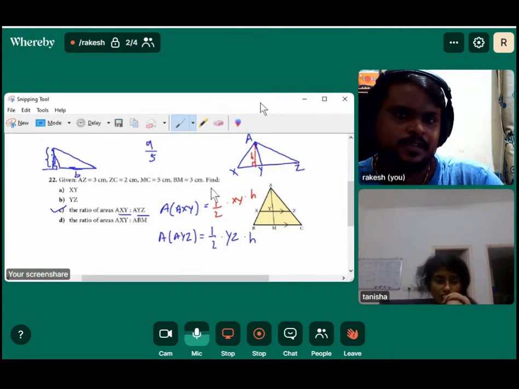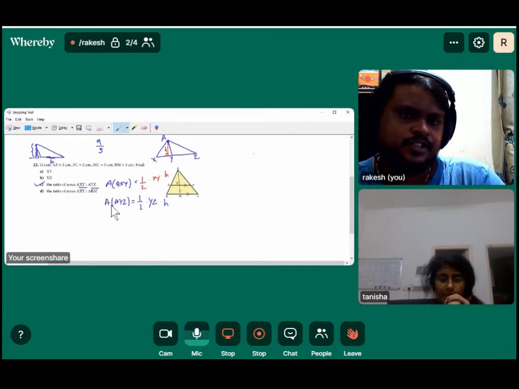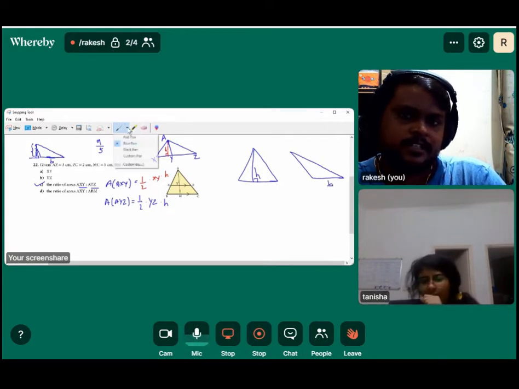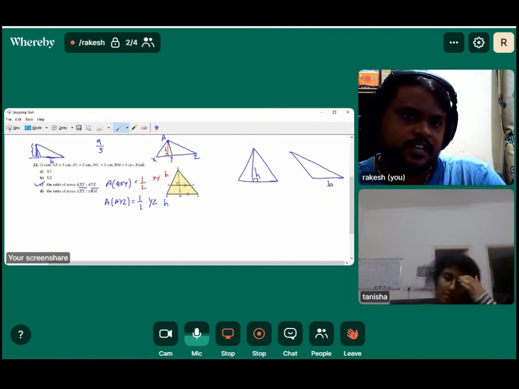Normally you are given a very simple diagram of a triangle and we draw a perpendicular to the base to figure out height. But if the triangle is obtuse, we drop height from the vertex to the base, so we need to extend the base.